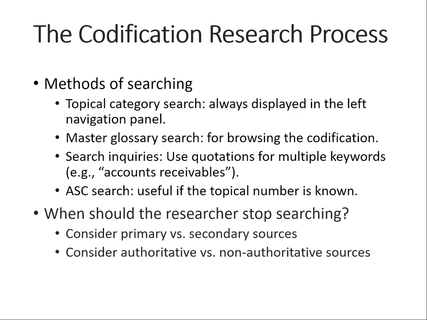So that's an example of the FASB codification research case. As you can see, it's better to have some knowledge of accounting before you do the research. Otherwise, it's going to be tough. By just typing keywords, you may not find the correct place.